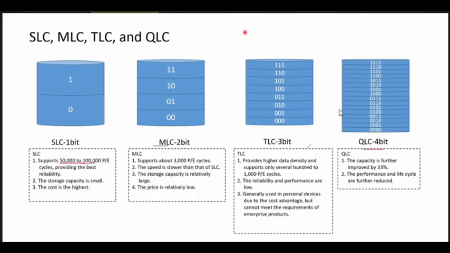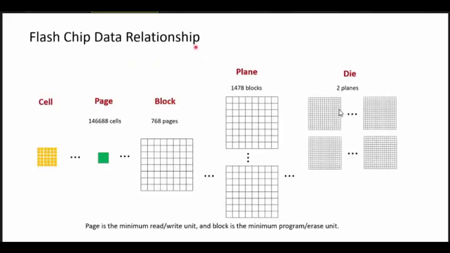You must, however, understand this is for each cell, right? So we're talking about cells. Each cell can belong to a plane or a block. It will look something like this. A cell is basically a part of a page.